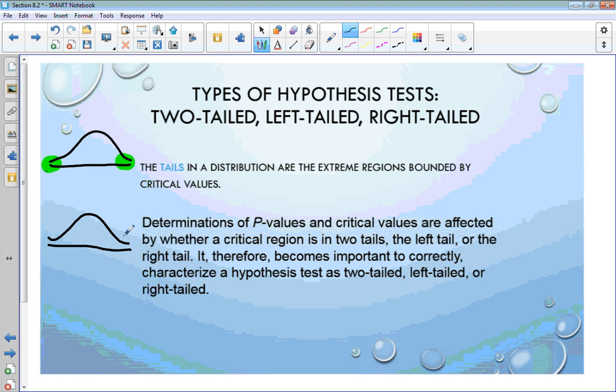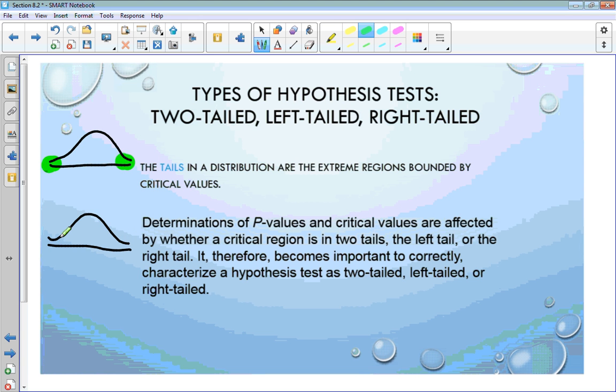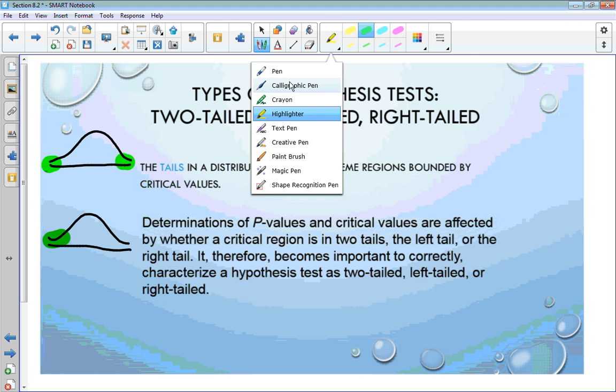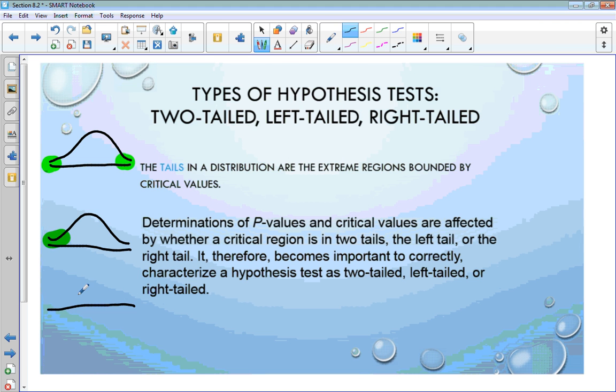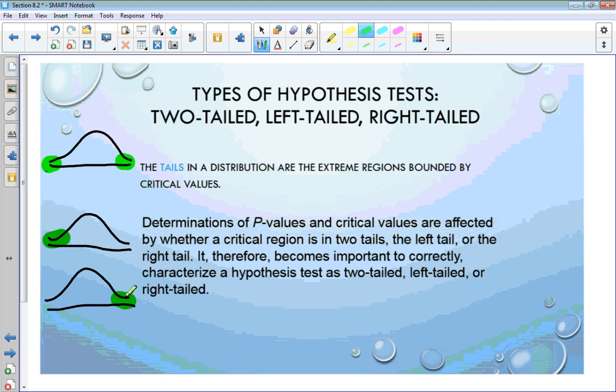We could also have a left-tailed and a right-tailed test. This would be a left-hand tail, and this would be the right-tailed.